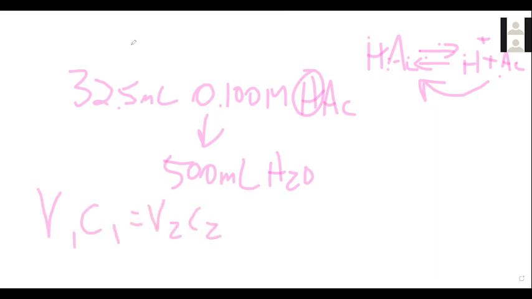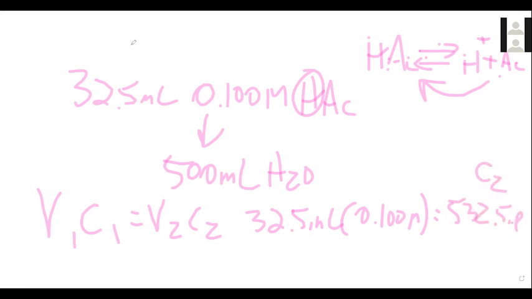So I've got 32.5 times 0.1 equals 532.5 times C2. So what's C2 going to be?